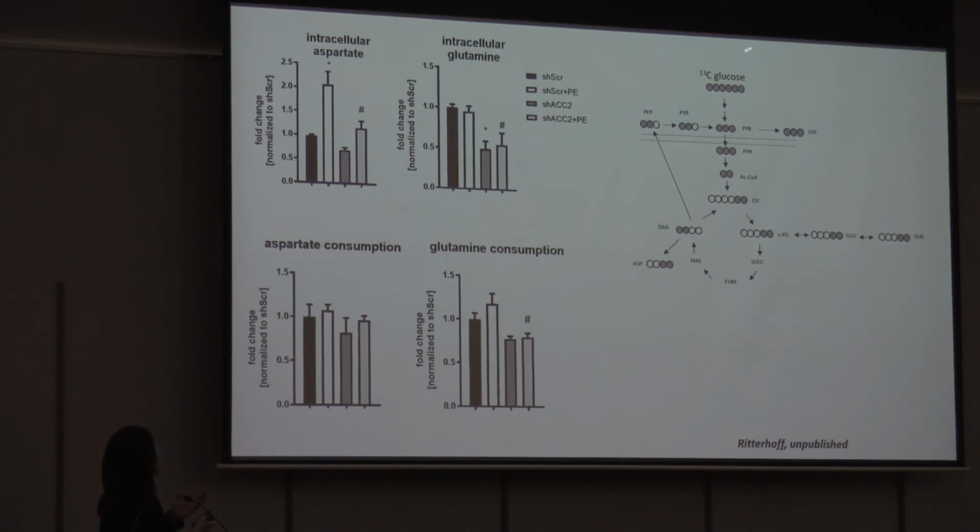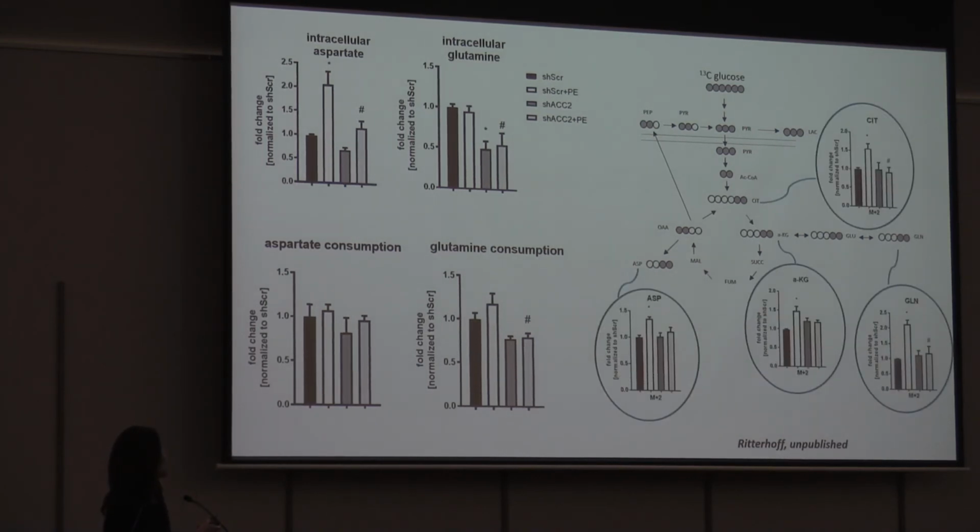To look into that, we labeled glucose with C13 carbon and tracked where the glucose goes in these cells. If the glucose comes down this way and joins the TCA cycle, then the intermediate TCA cycle metabolites will have 2 carbons that are C13 instead of C12 that would come from other substrates. With mass spec tracking, we could see clearly that when we stimulate hypertrophy, we got more contribution from glucose for metabolites such as citrate, alpha-ketoglutarate, glutamine, and aspartate.